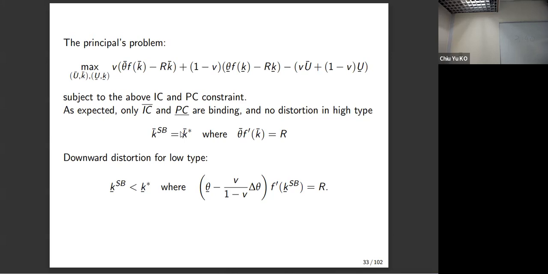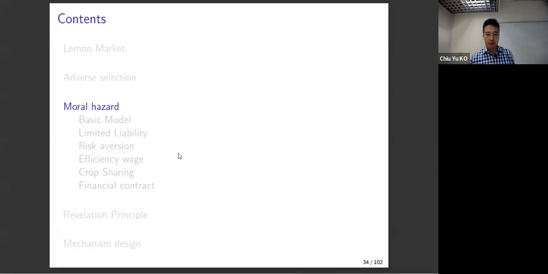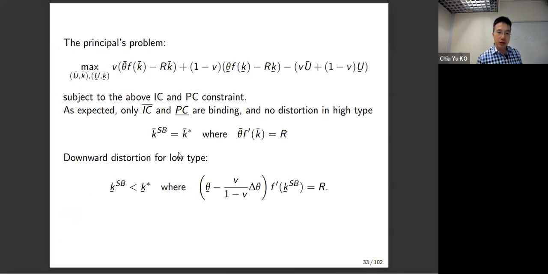So in finance, it's always credit rationing, where small and medium enterprises find it difficult to get credit because it's very inefficient.